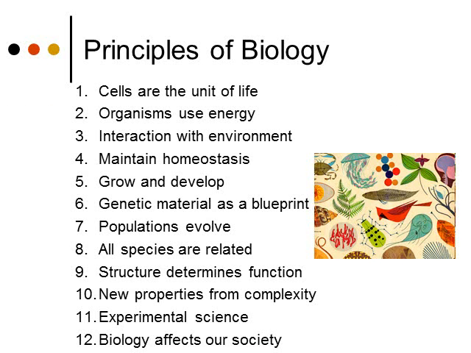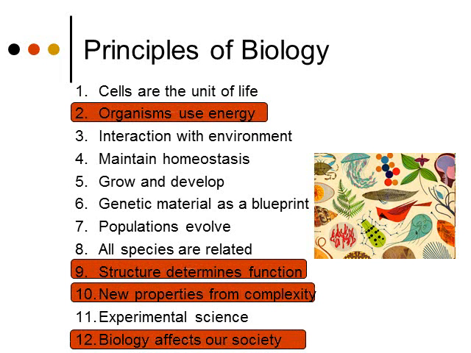In our 12 principles of biology that we went over in chapter 1, we're really going to focus on number 2, how organisms use energy, how they get this energy from these chemical molecules. We'll also look at principle number 9, how structure, specifically molecular structure, determines function of the different molecules.